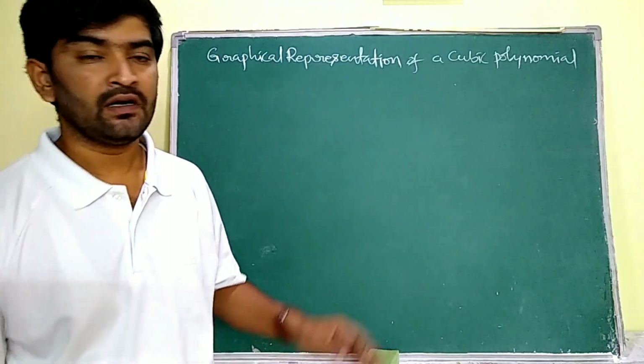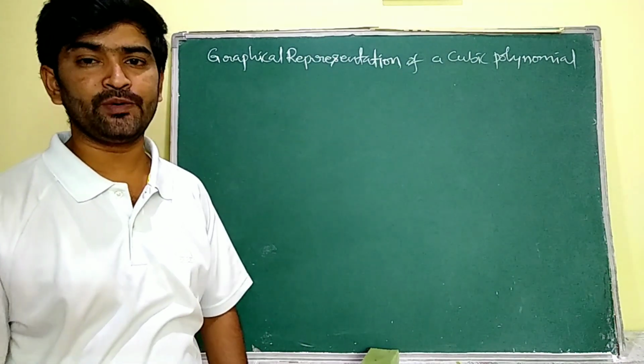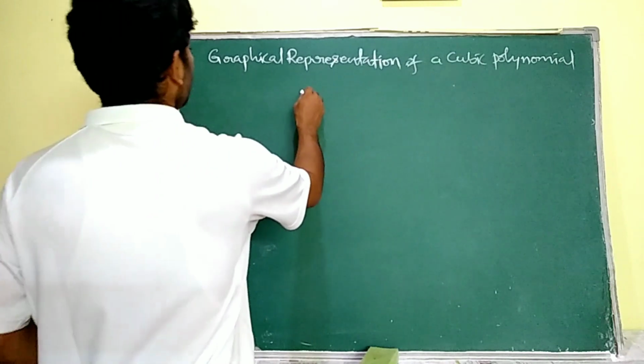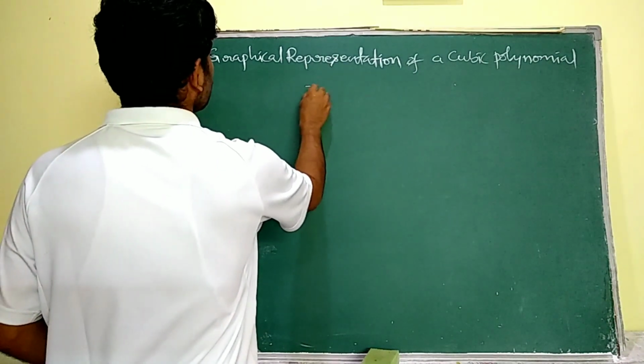Understand? See, the graphical representation of a cubic polynomial. Remember one thing, a cubic polynomial always represents a curve or zigzag.